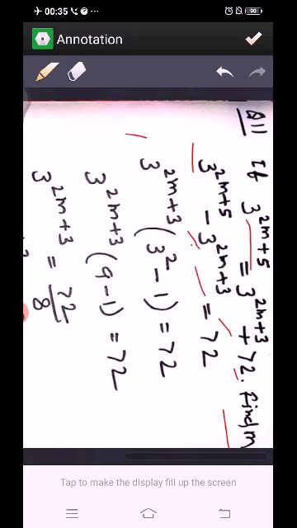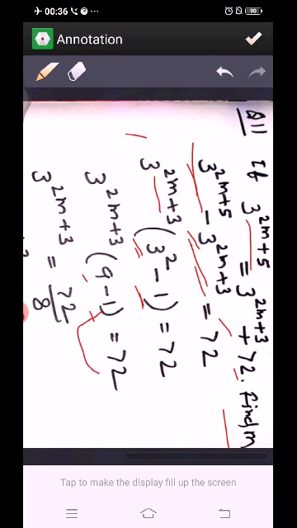Now here we can see 3 power 2m plus 3 minimum power, that can be taken as common. So in first part 3 power 2 is left, and second part only 1 left because whole is common. Now this is 3 power 2 minus 1, that is 9 minus 1. This will become 8.